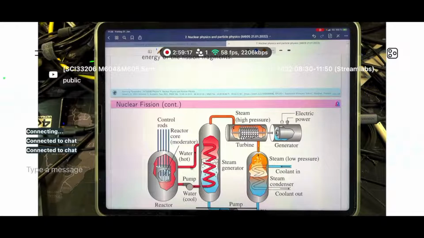We use the hot water that absorbed the energy from the fission fragments to flow around this one. The energy is now transferred to the next group of water, and we use the pump here to let the water flow.